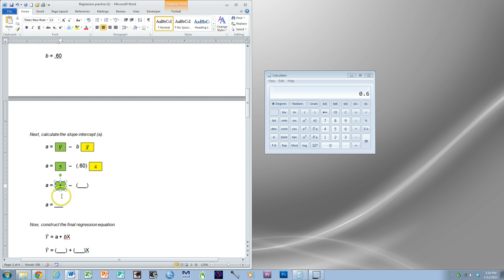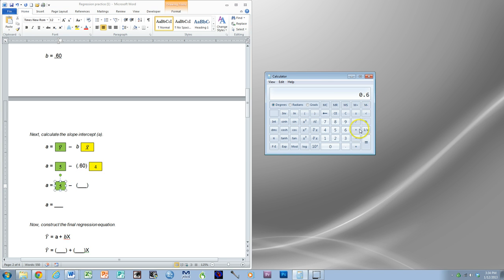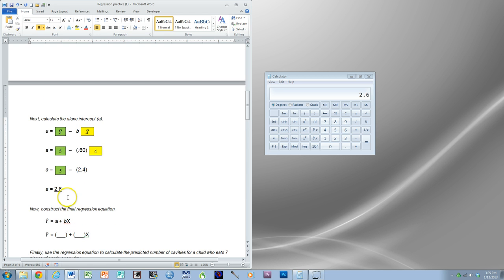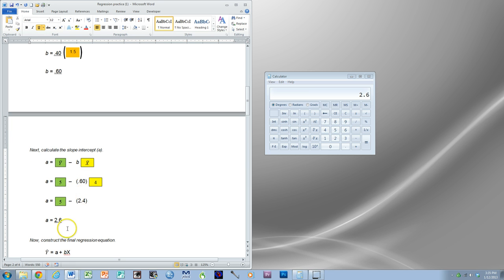So 5 stays 5, and we multiply 0.60 times 4, which gives us 2.4. Then we subtract 5 minus 2.4, which gives us 2.6. So if the child eats no candy, we would expect the child to have 2.6 cavities.